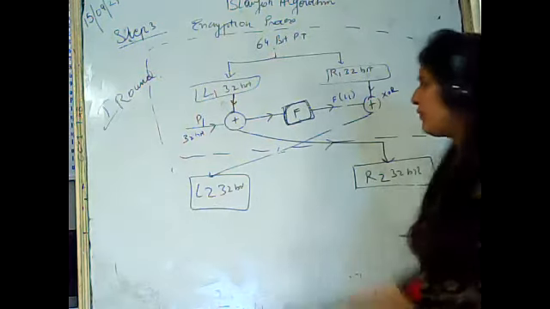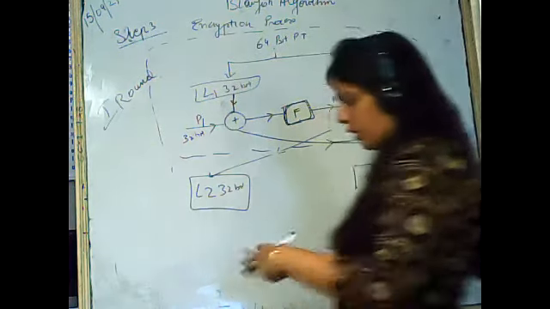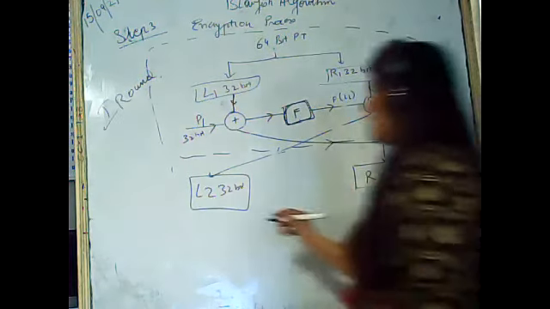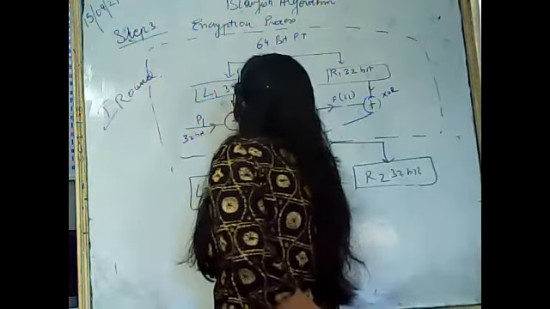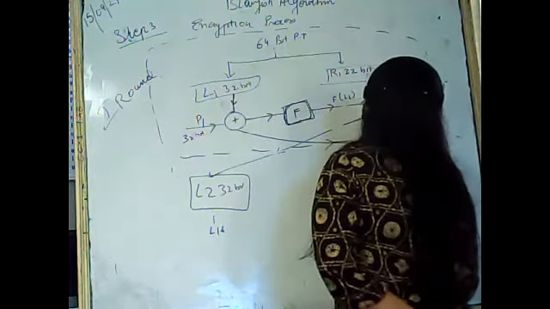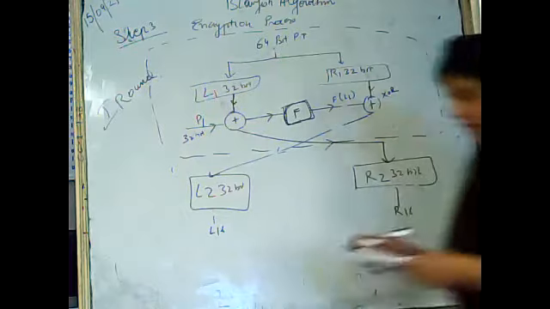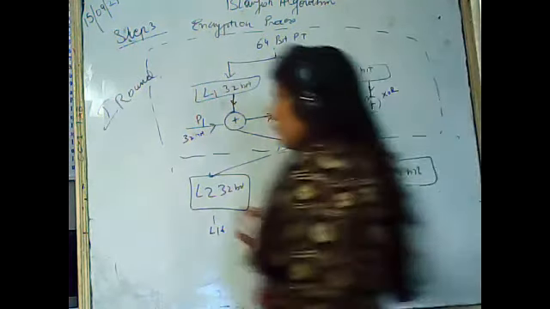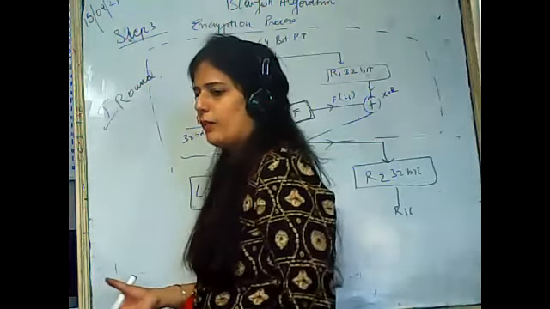Okay, so it will work similarly for all the rounds, up to L16. Till L16, everything will work the same way, that is L16 and R16. After that, there are different steps that we have to follow.